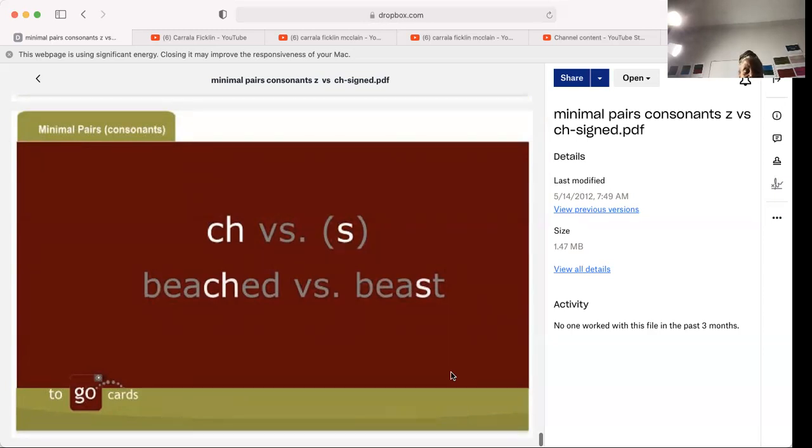So, like I said, all of the sounds in this video, the CH versus that J sound, phonetically DZ, and the CH versus the S, and the video before it, the S versus the SH, and the Z versus the CH, are all together in the video with the CH versus the SH.